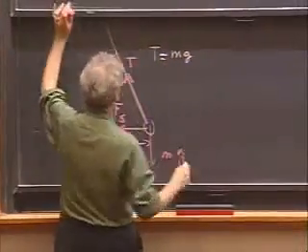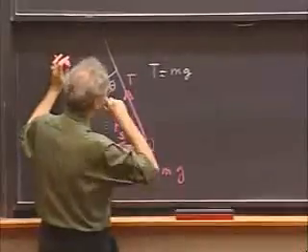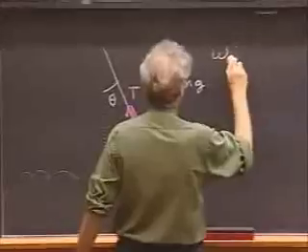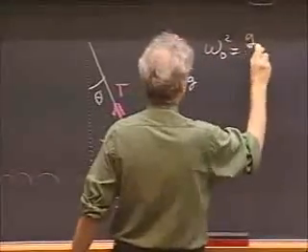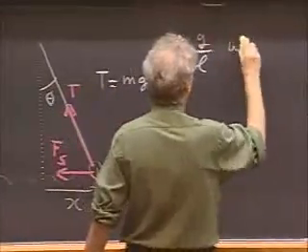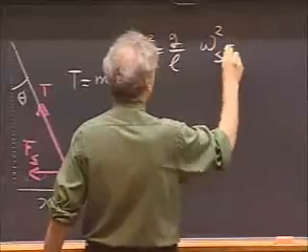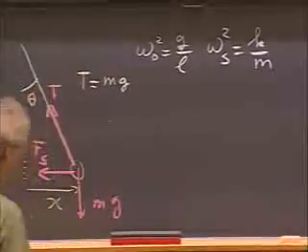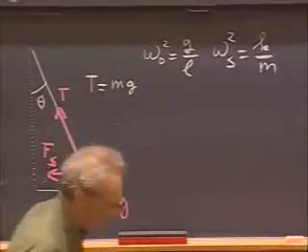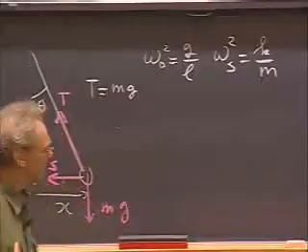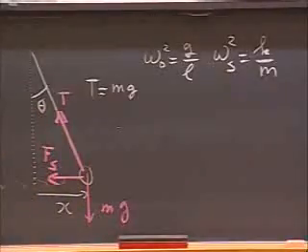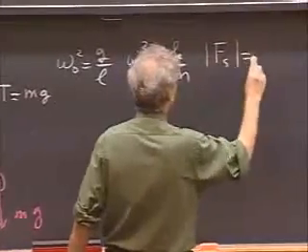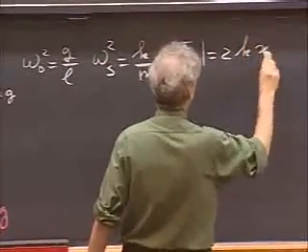We have discussed that several times. I'm going to introduce a shorthand notation. Omega 0 squared is g divided by L. And omega s squared, making reference to the spring, is k over m. And now I have to set up the differential equation. I have to apply Newton's second law. And remind you that the magnitude of the spring force is 2kx.